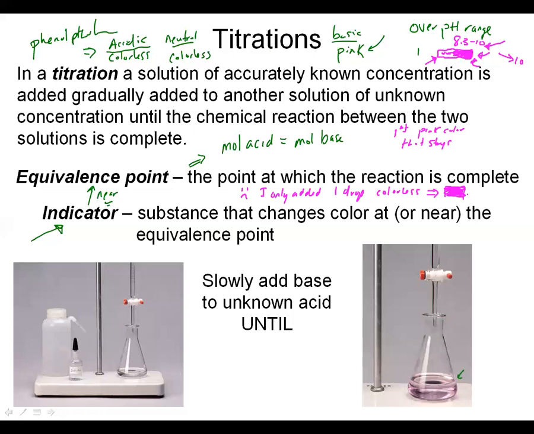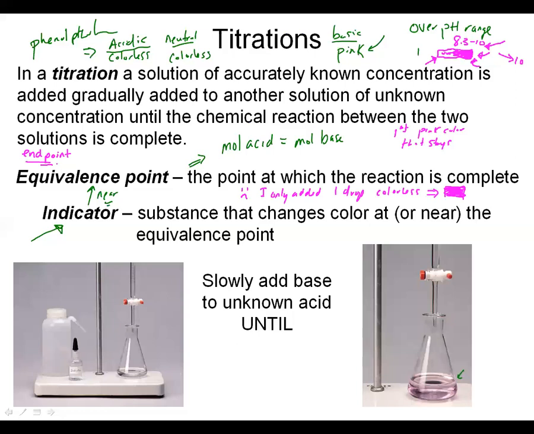Now, another word that you sometimes will hear when you're talking about titrations is the end point of a titration. The end point in a titration is essentially what the name sounds like. It is pretty much where you lay up and go, I'm done with my titration and I'm finished.